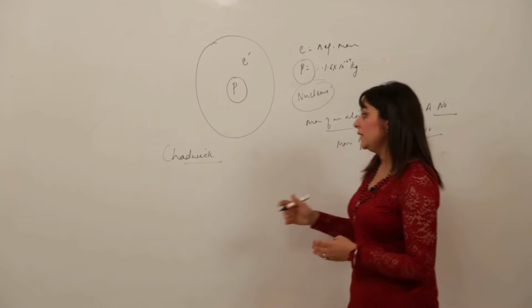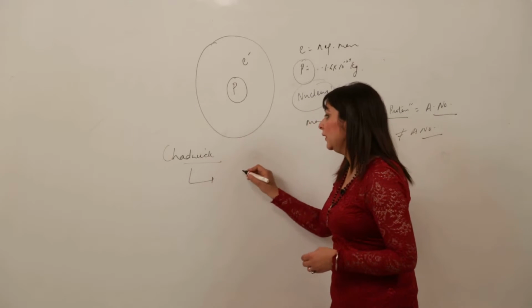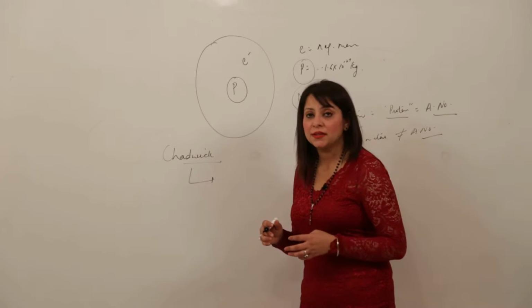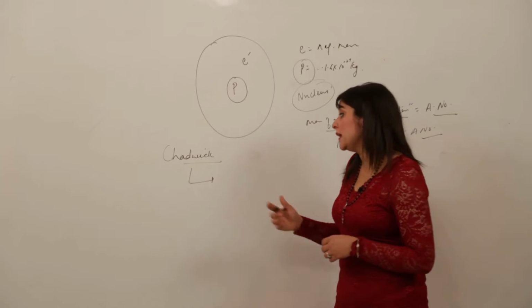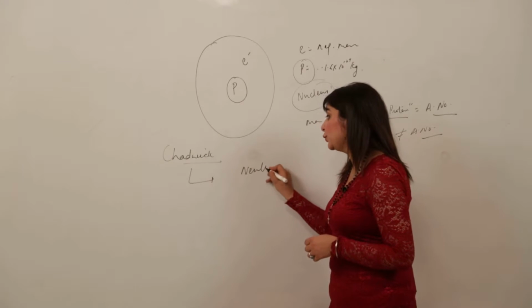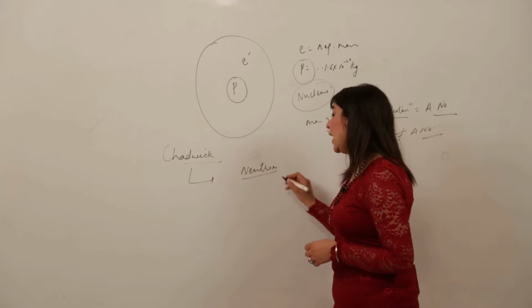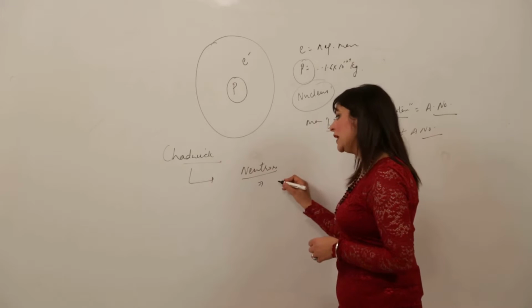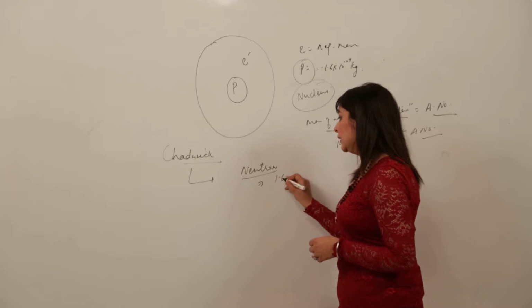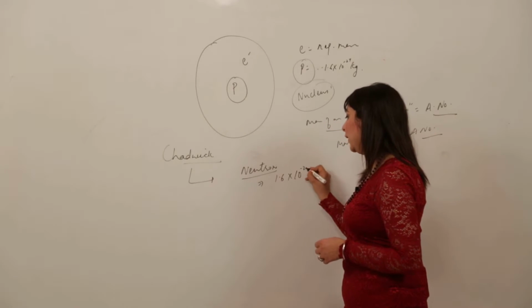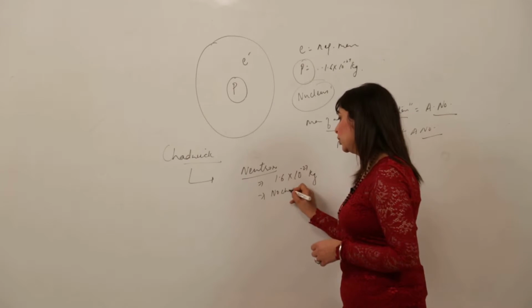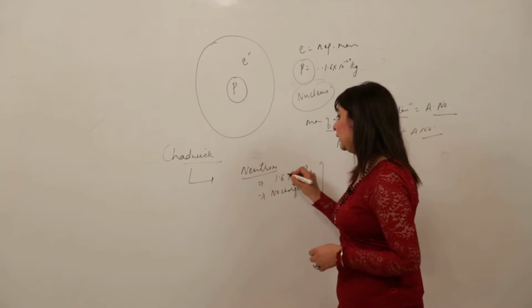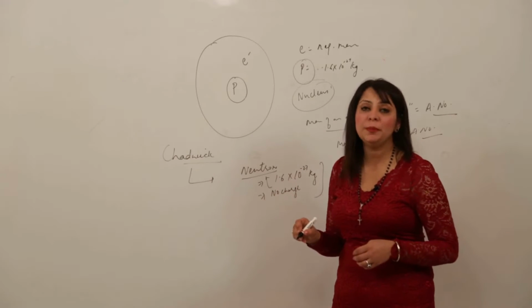So he accidentally discovered a particle by carrying out the fission of some heavy nucleus. He saw a particle which was emitted, called the neutron, a particle which has almost the mass equal to the mass of hydrogen, that is 1.6 into 10 raised to power minus 27 kg, but no charge. So he named that particle the neutron, that is the neutral particle.